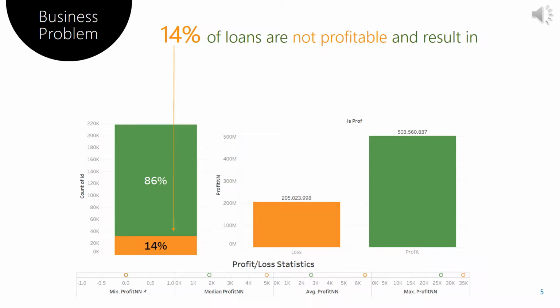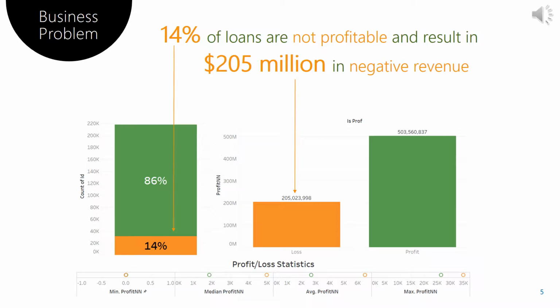That accounted for over $205 million in negative revenue. So to me, while 86% of the business is profitable, 14% is a significant portion of the business that I feel like we can attempt to tackle and attempt to reduce those numbers.